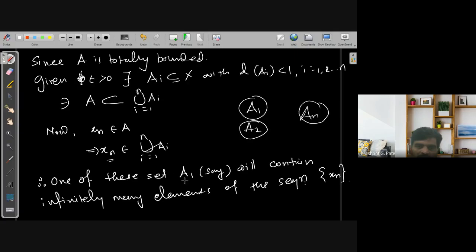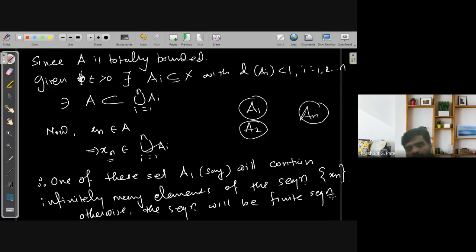So this A_1 contains infinitely many points of x_n. Otherwise, the sequence will be a finite sequence.